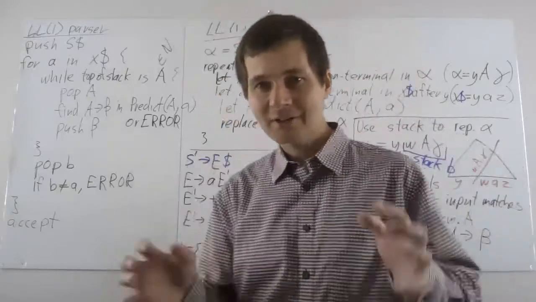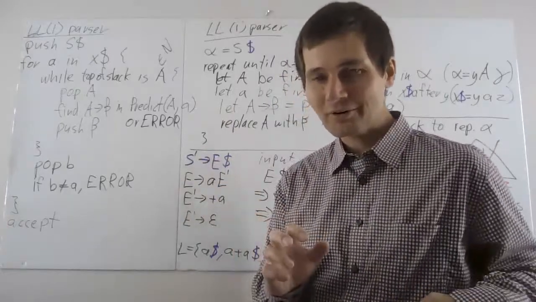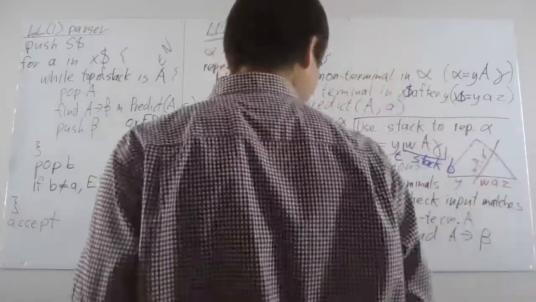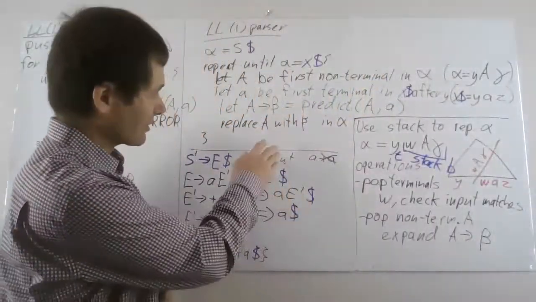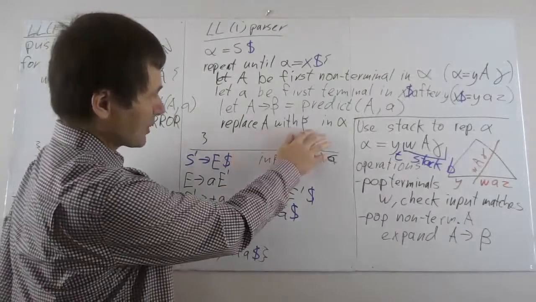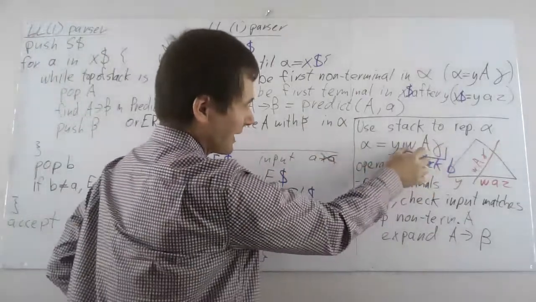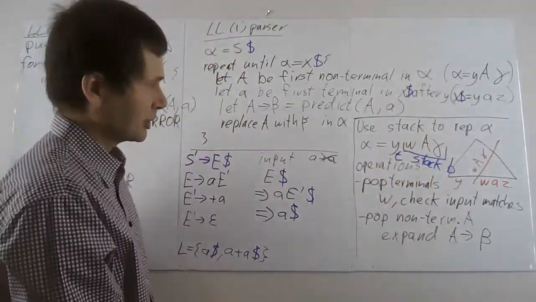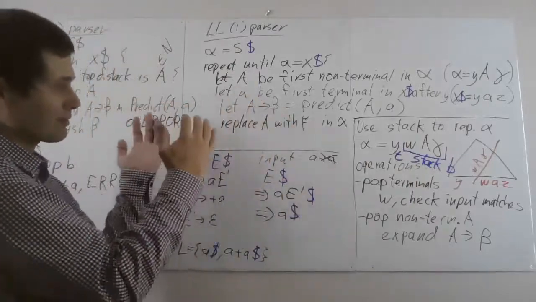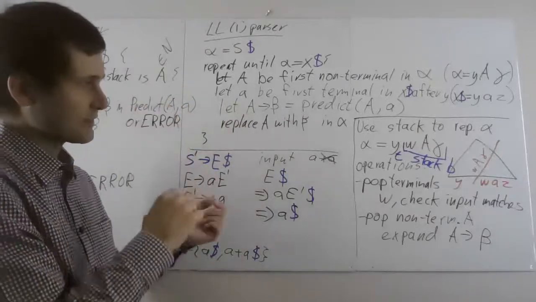It depends on which order you consider forward or reverse. But the idea is that you want to replace A with beta in alpha, and your alpha has the top of the stack here. So the leftmost symbols in beta, you want to end up at the top of the stack.